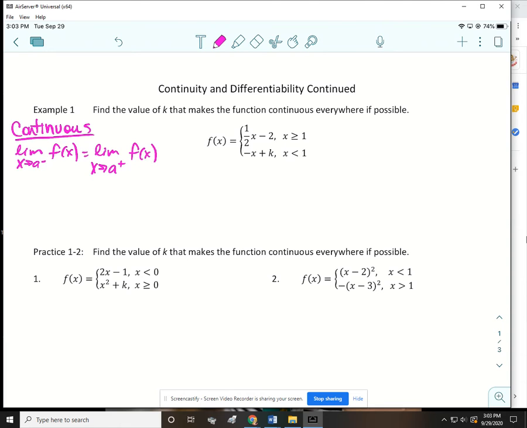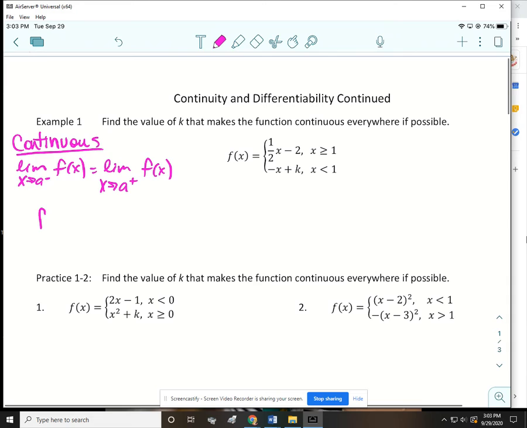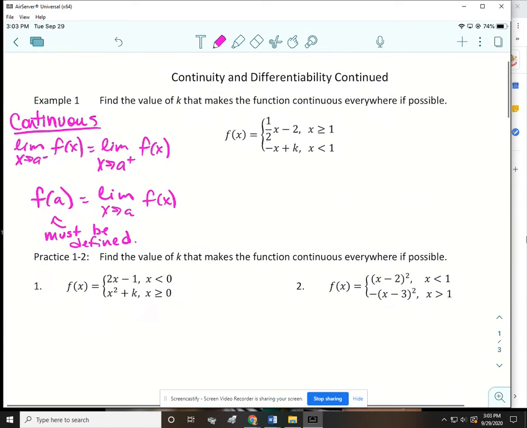So those limits have to be equal, and that also has to equal f of a. So that means f of a must be defined. So if there is not a value for the function at x equals a, then the function cannot be continuous.